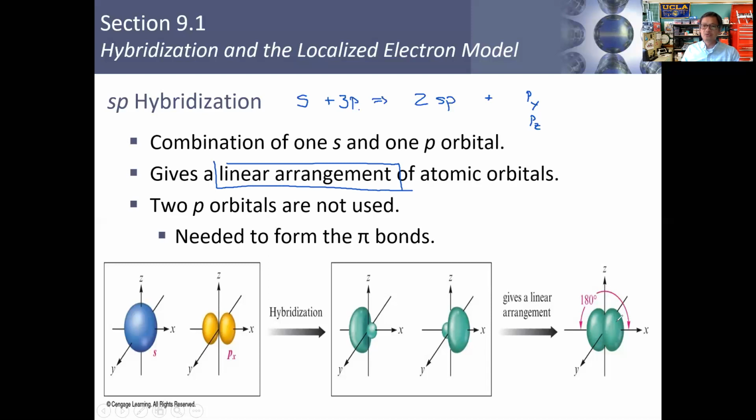So you'll get two sp hybrid orbitals, and if you notice, the shapes here are very similar to what you saw before. The hybridized shapes will always be fairly similar to one another, but this time they will assume 180 degrees when they line up.